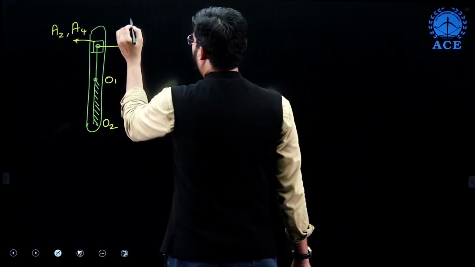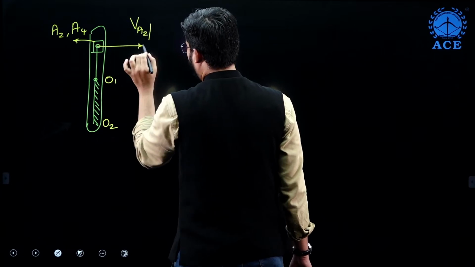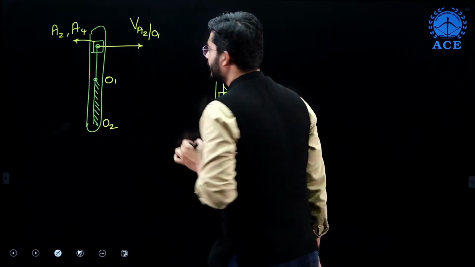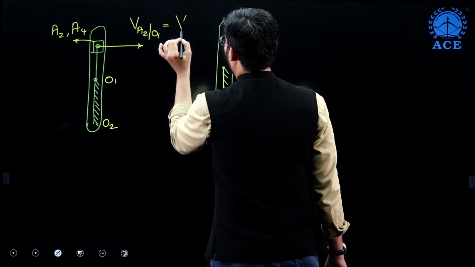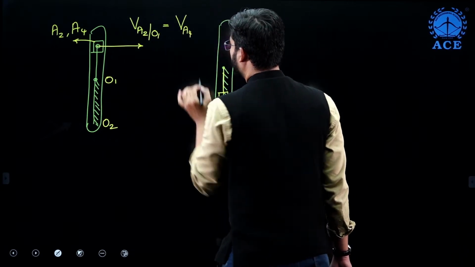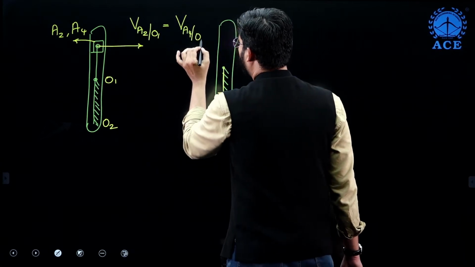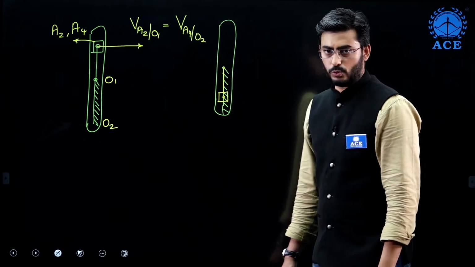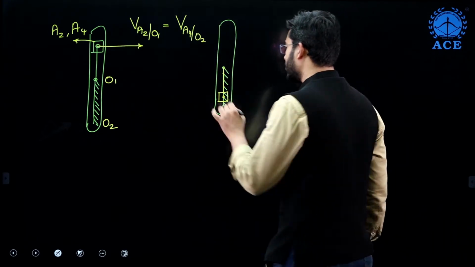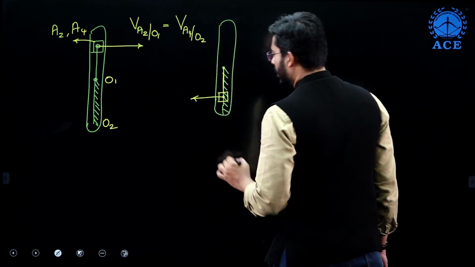So here I can write velocity of A2, that is point on the crank, with respect to O1 is equal to velocity of point A4, which is on the slotted bar, with respect to O2, because slotted bar rotates about point O2.